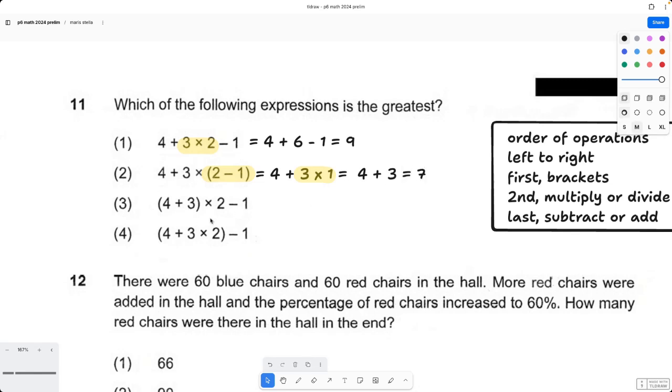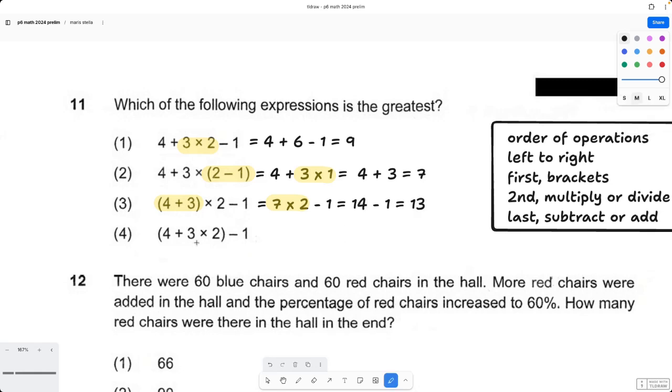I'm going to highlight this again, which is basically 4 plus 3 is equal to 7. Okay, what about this? So the 4 plus 3. So that means this is equal to 7 times 2 minus 1. We need to highlight the 7 times 2. That means it's 14 minus 1, this is 13.